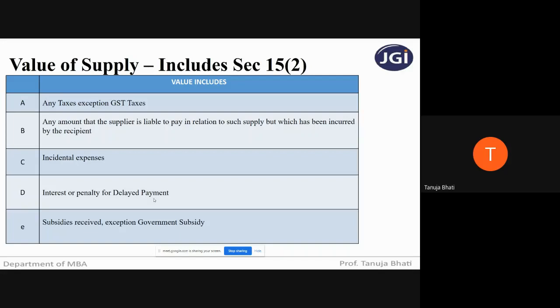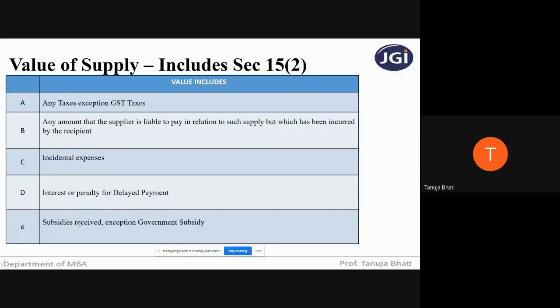Suppose it's an example. So what happens now after 3 months? Also the recipient is not making the payment, so the interest of 1,000 rupees is being charged. Now this 1,000 rupees also has to be included in the transaction value and GST has to be paid on that.